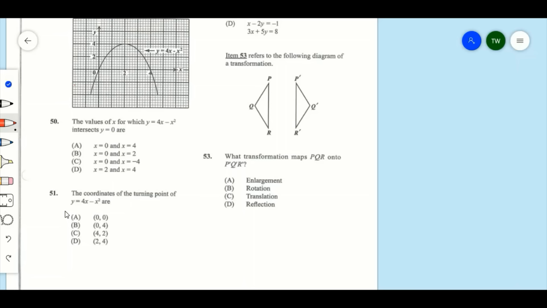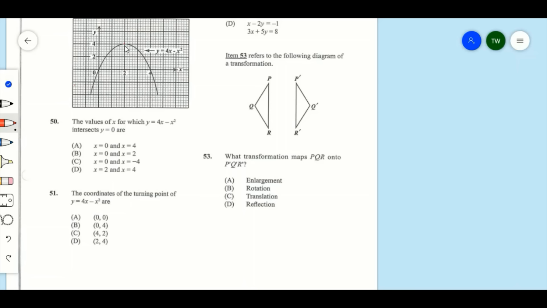Item 51. The coordinate of the turning point of y equals 4x minus x squared are. The turning point of this graph is going to be the maximum value or the highest point on the graph, which is going to be at this point here. Now, in order to get the coordinate, you need to read the x value.